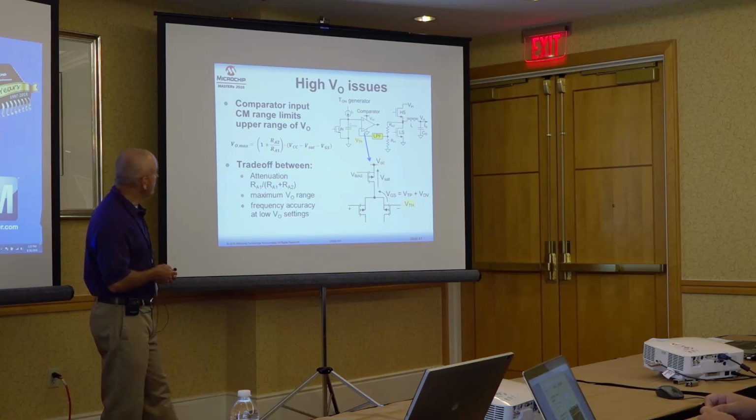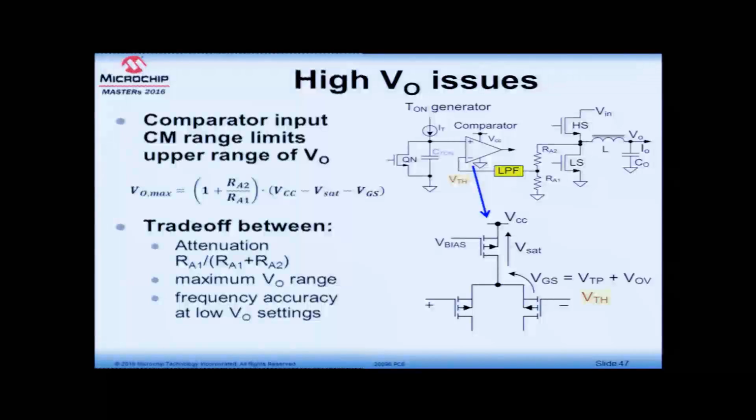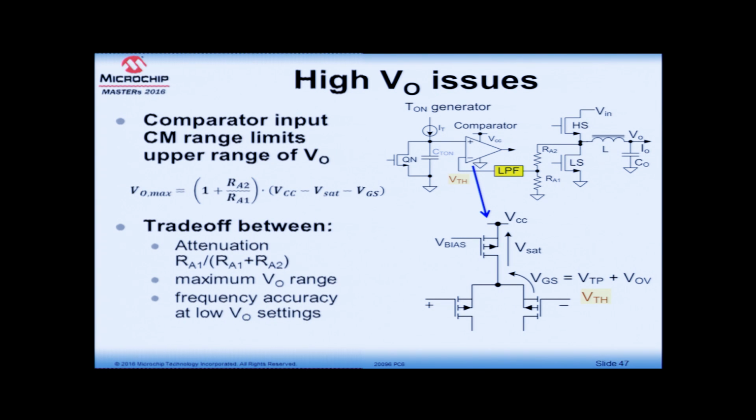We can look at the limitation of the high input voltages. In many of our parts, you can see that we recommend the output voltage to be set up to a certain number of volts, for example, 24 volts in the 2101 to 4 family.